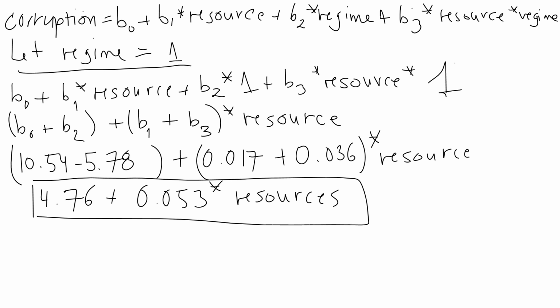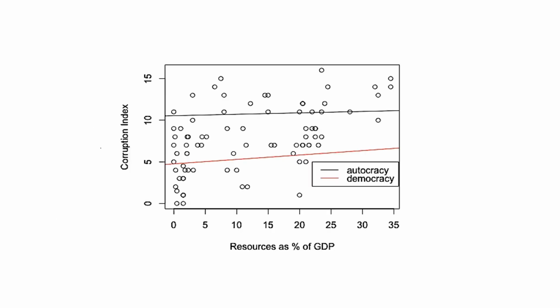Again, we substitute back from the original R output and add them where appropriate. Now we have obtained the differential intercept and differential slope for democratic countries. We can also plot these intercepts and slopes that we just calculated for each of the regime type.